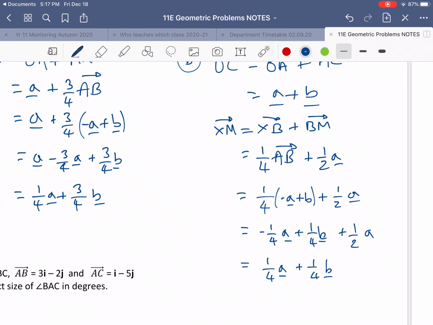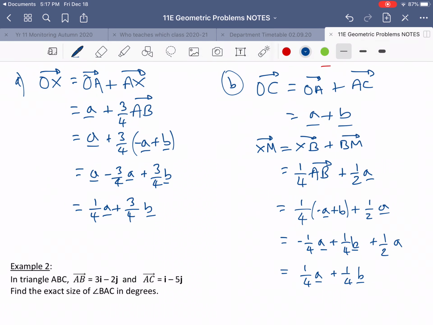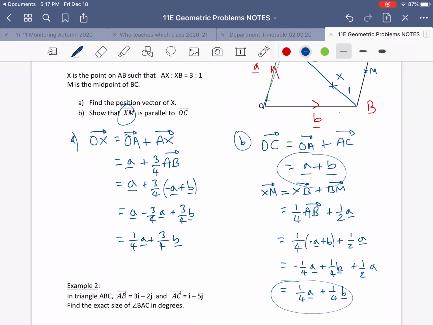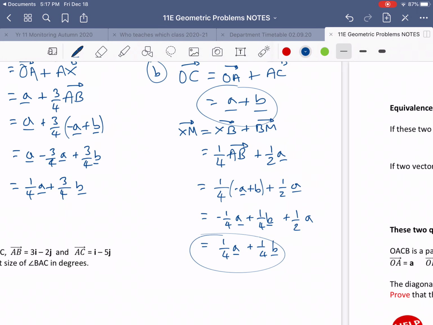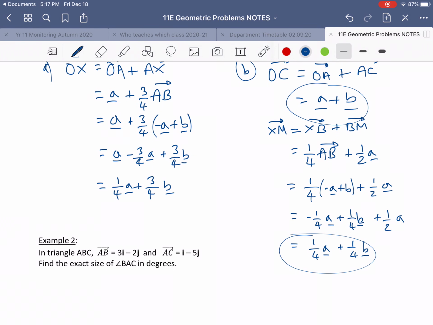So X to M is this, O to C is this. So we've worked out both of these, and we have to show they're parallel. One is a multiple of the other is how you show they're parallel. To show that, what I will now write is a little equation saying that OC is equivalent to XM. But I need to fix it because that's not strictly true.